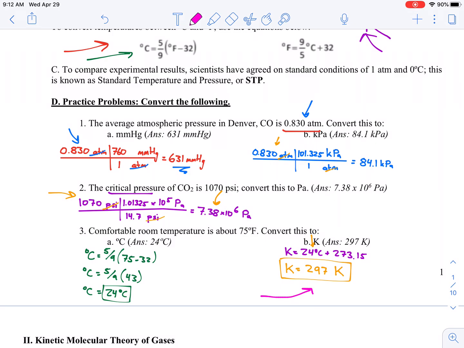Because when we put temperature into our equations, if we had a 0 for temperature, our entire equation would turn into 0, and that would not be helpful, right? So there's easily a 0 on the Fahrenheit scale, there's easily a 0 on the Celsius scale. This is why we have to use Kelvin for gases, because we don't want that 0 in the temperature place.